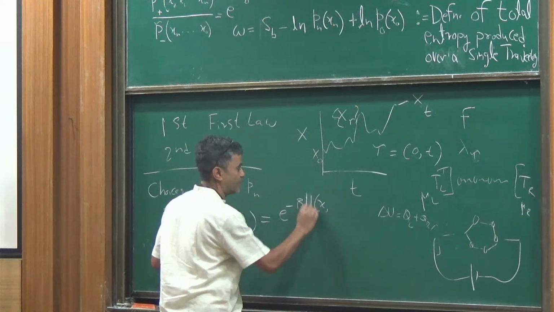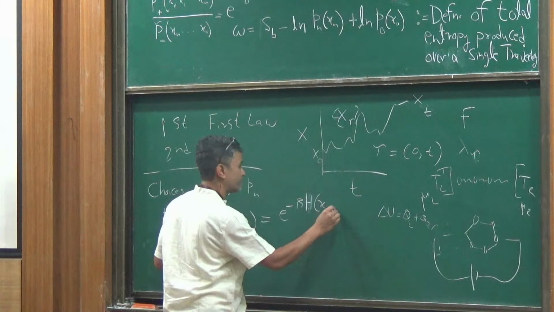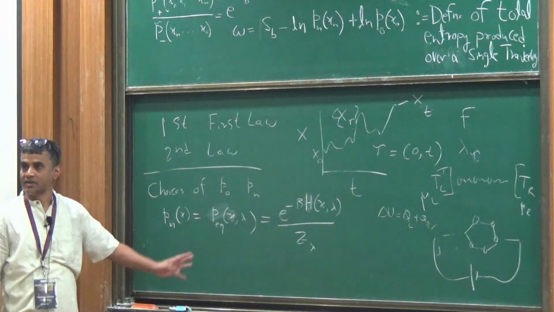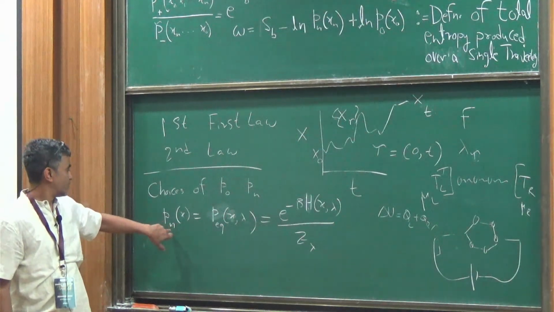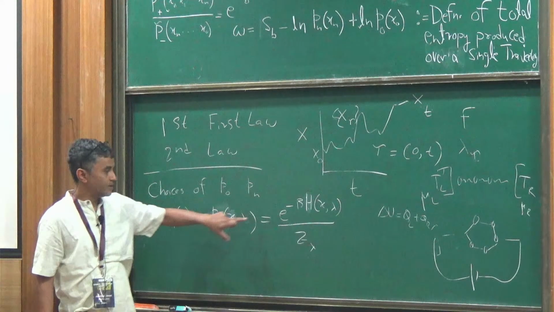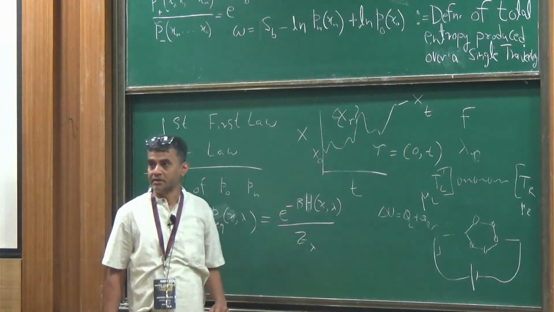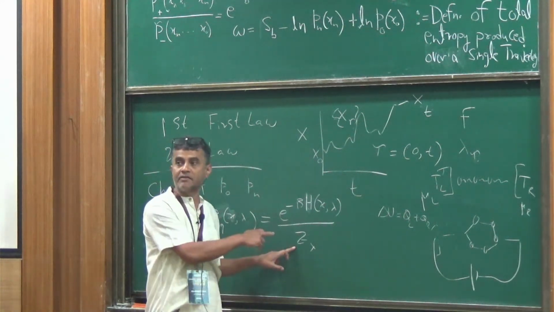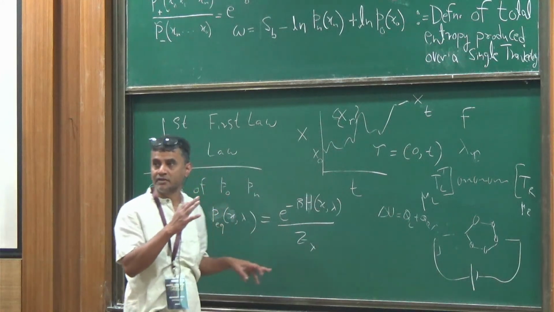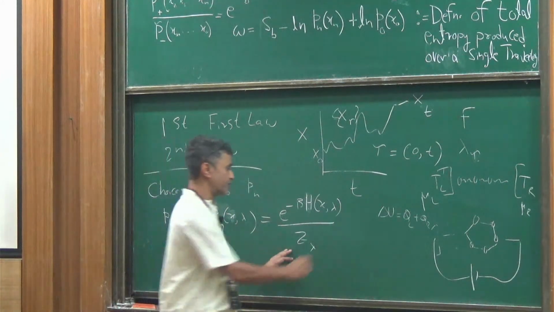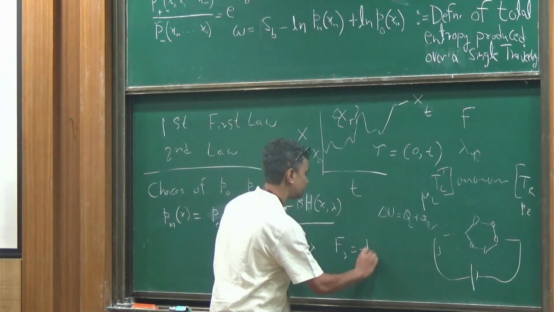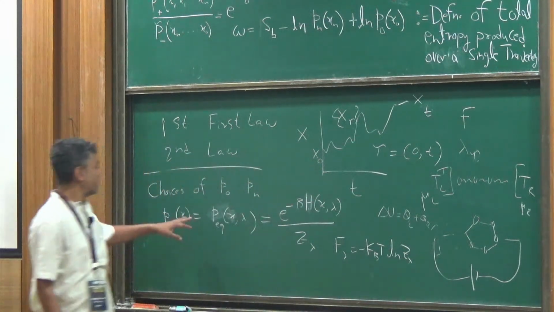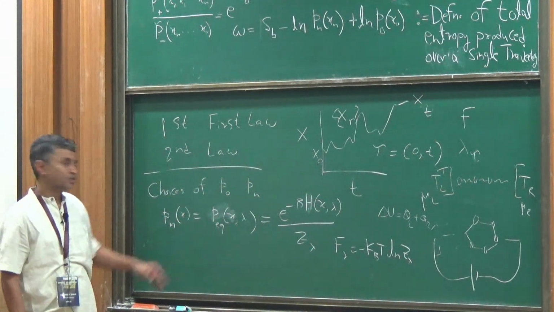In general, I just call it the Hamiltonian H of x, lambda. So this is one choice, where I take the equilibrium state at whatever the instantaneous lambda is. And then this can immediately be identified with the free energy of the system at that lambda, the equilibrium free energy.